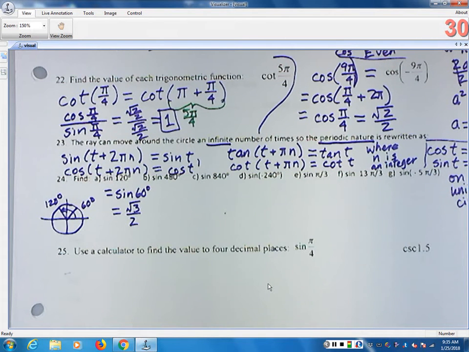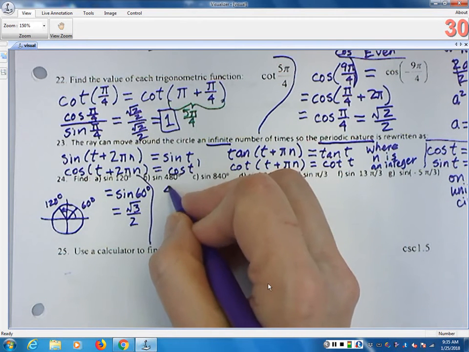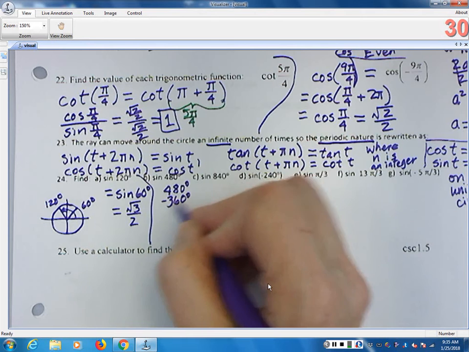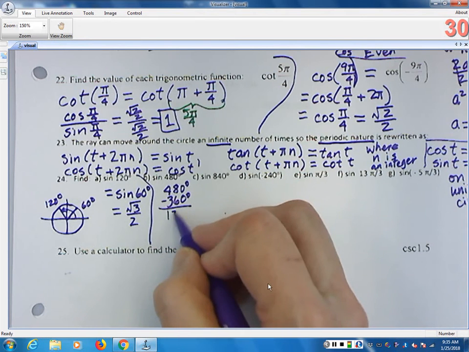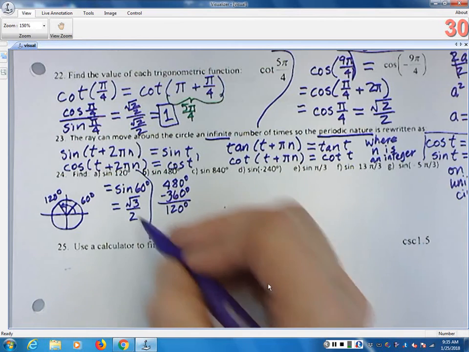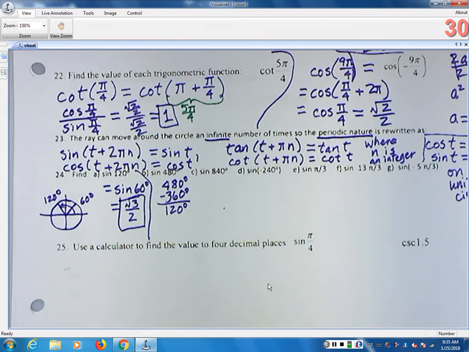Sine of 480, so I'm going to take 480 and subtract 360. And that is 120. Guess what? That's square root of 3 over 2 again. Okay, now we remember all of these answers are square root of 3 over 2. Just subtract multiples of 360 or add them.